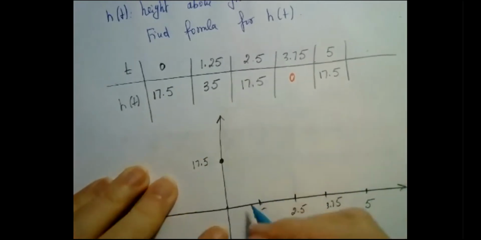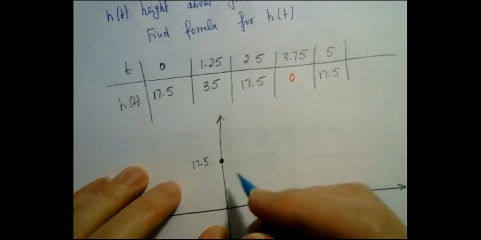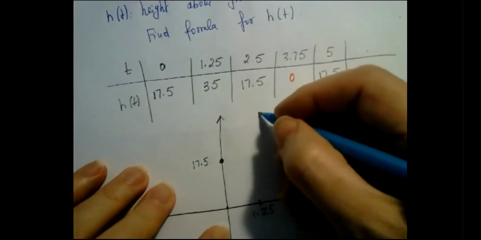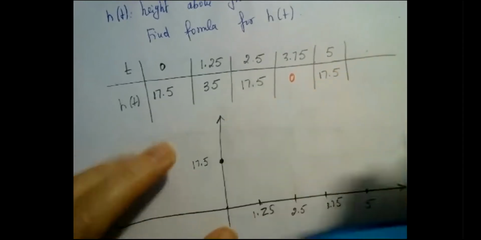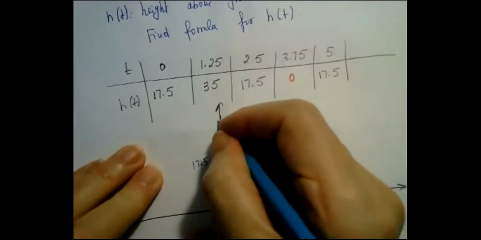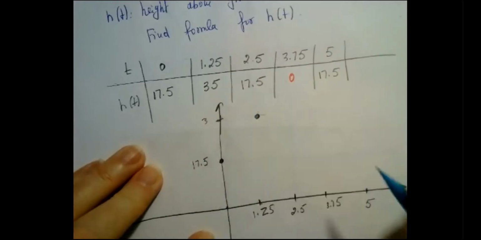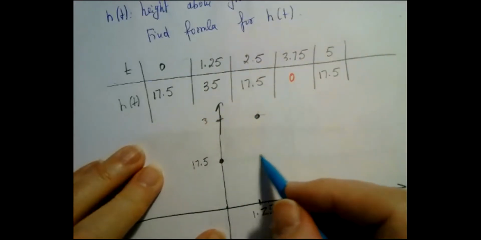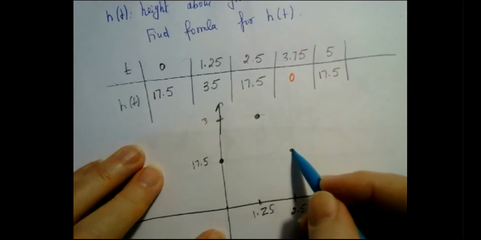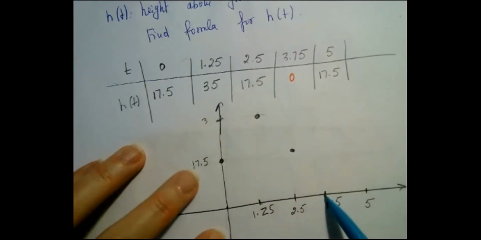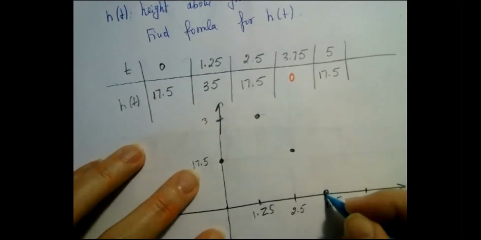At 1.25, I am at 35, which is twice that much. So this is 35. If I erase this a little bit, I am right here, that's 35. Okay. At 2.5, I am back here. At 3.75, I am down right here.